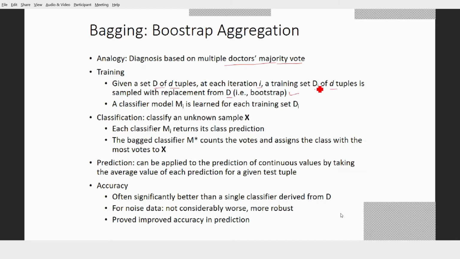A classifier model Mi is learned for each training set Di. To classify an unknown sample X, each classifier Mi returns its class prediction. The bagged classifier M star counts the votes and assigns the class with the most votes to X.